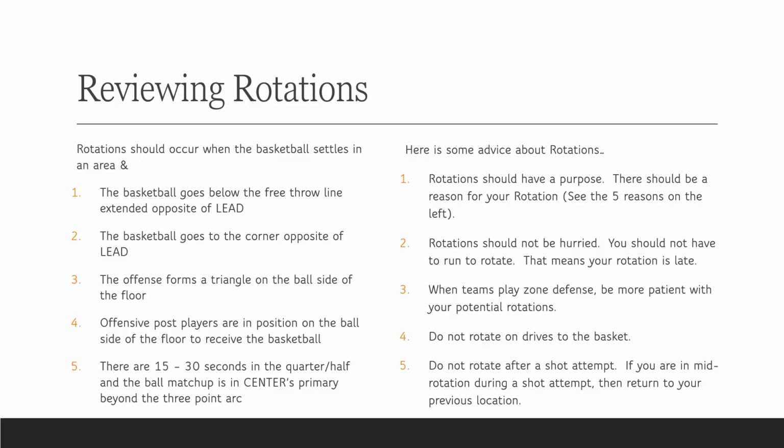The offense forms some form of a triangle on the ball side of the floor. Offensive post players are in position on the ball side of the floor to receive the basketball in the post. There are 15 to 30 seconds remaining in the quarter or half, and the ball matchup is in center's primary beyond the three-point arc. Here's some helpful advice about rotations.